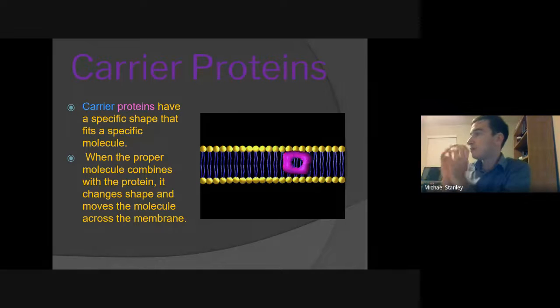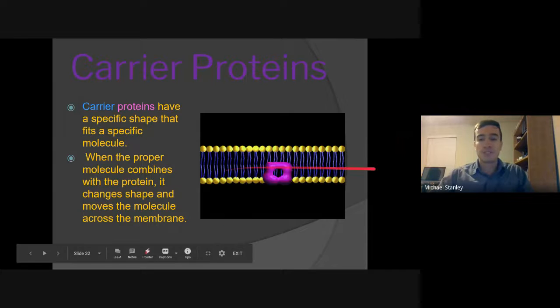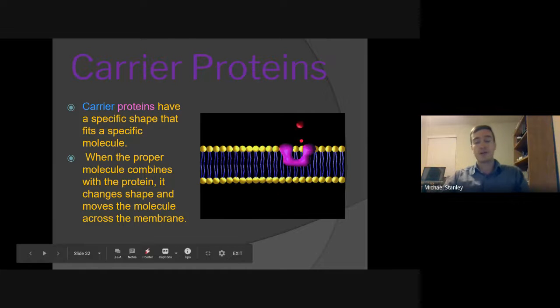So it takes it in from one side, carries it, and releases it to the other side. Still doesn't need any energy because the particle naturally wants to flow in that direction anyways. It's just being a little bit of a helper. It's helping out this little red particle who otherwise would be stuck because he can't get through the membrane on his own. He has to be helped along by this carrier protein.